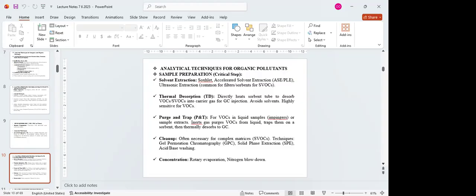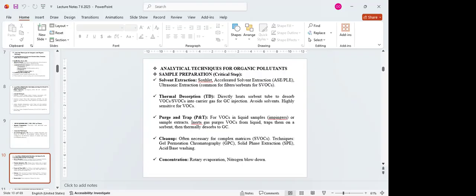Simply using microwave to heat for a short period. You give a burst of heat, it blasts through the material, and as it blasts through the material, it extracts the organic pollutant of interest from the media that it was absorbed or adsorbed on or in.